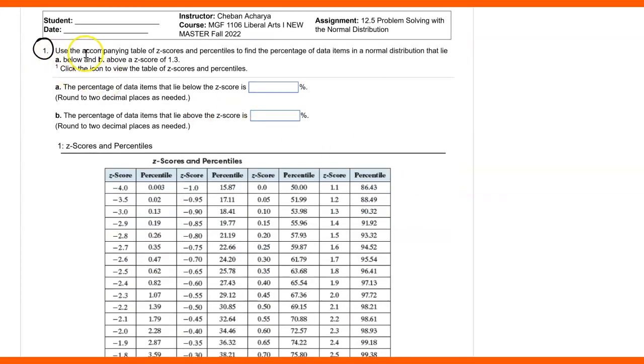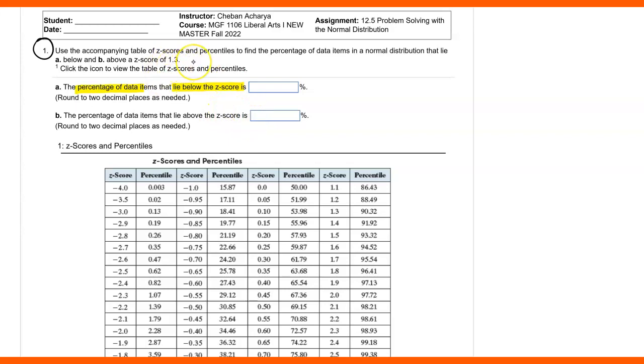Use the accompanying table of z-score and percentile to find the percentage of the data items in the normal distribution below and above the z-score of 1.3. Part A, find the percentage of data items below that z-score, and part B, the percentage of data items that lie above the z-score 1.3.